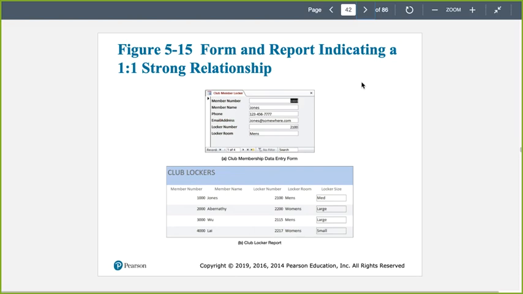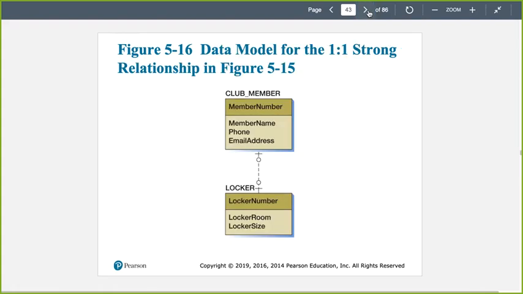In the database, if you go to the check-in counter of that club, they might have a database or data entry interface that looks like this one. The design is represented by two strong entities, strong because each one of them can exist by itself, and their relationship is non-identifying in this particular design, but they are in a one-to-one relationship.